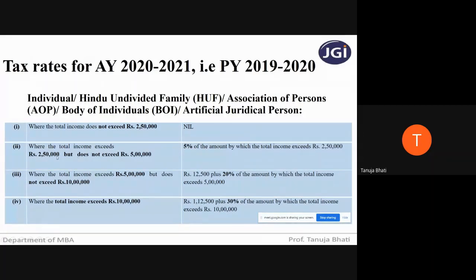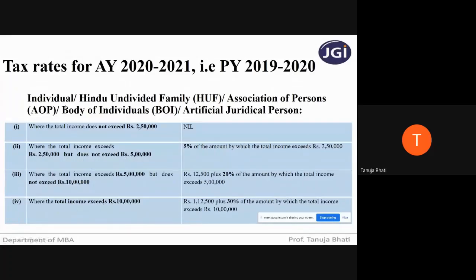Now, if your total income exceeds 2 lakh 50 but does not exceed 5 lakh, then you need to pay 5% on the income between 2 lakh 50 and 5 lakh. Where the total income exceeds 5 lakh but does not exceed 10 lakh, you need to pay 20% tax on this plus the tax that you have already paid in row number 2.